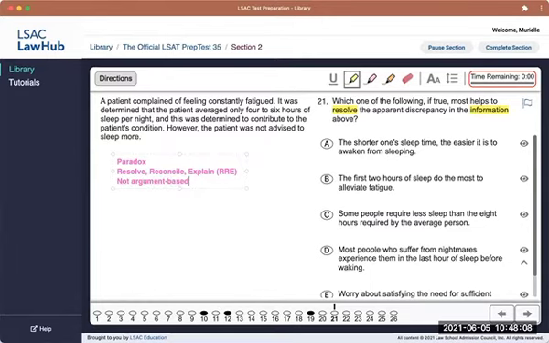A patient complained of feeling constantly fatigued. It was determined that the patient averaged only 4 to 6 hours of sleep per night.